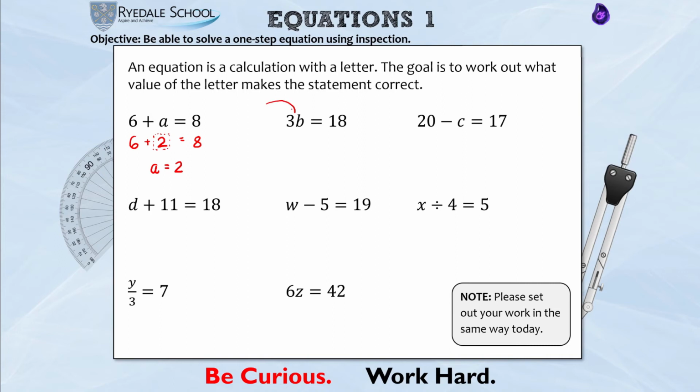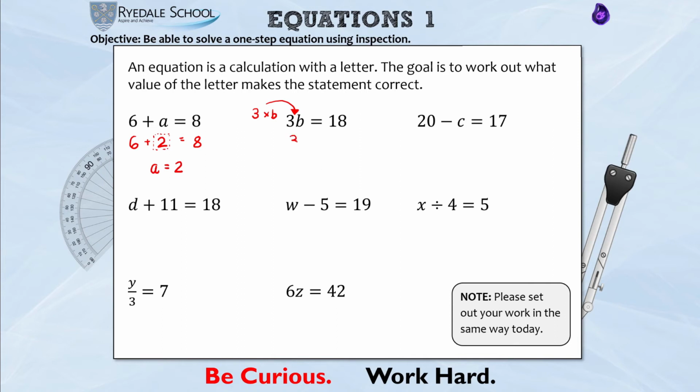Now, do we remember what this bit of algebra means in my second example? 3b. Now remember, that is the way that we write 3 times b.